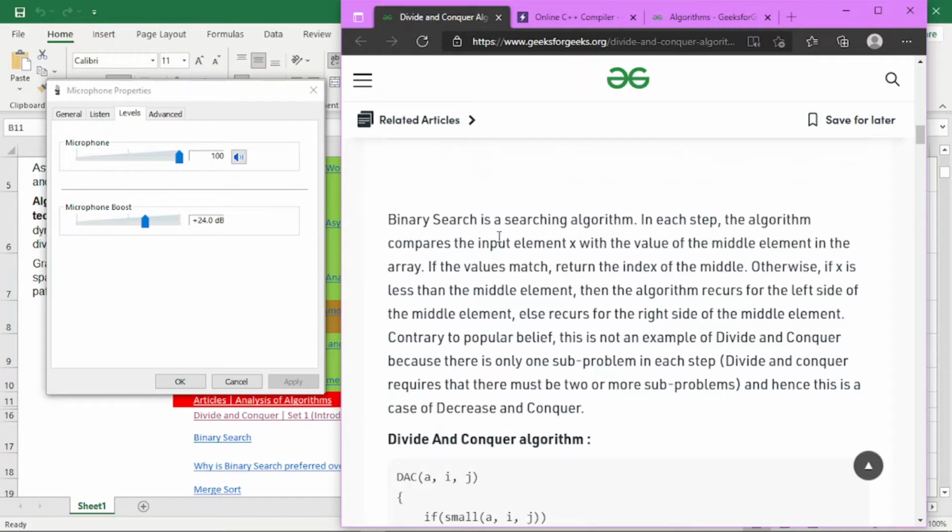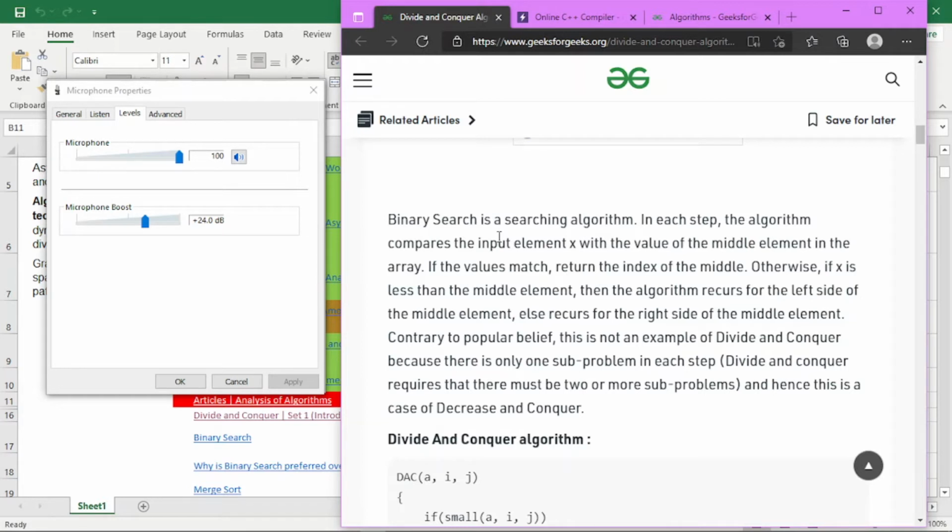And this goes on dividing into sub problems, and it takes order of log n time, because there will be order of log n levels.